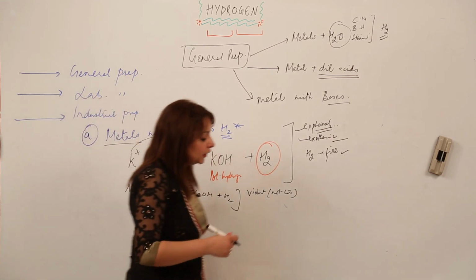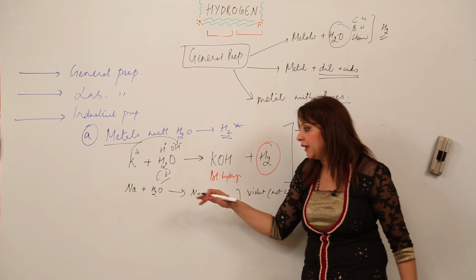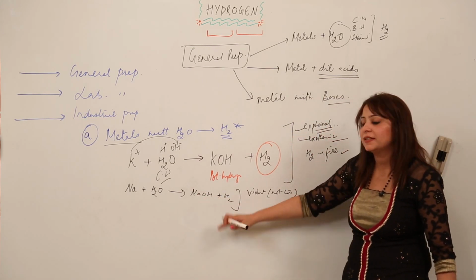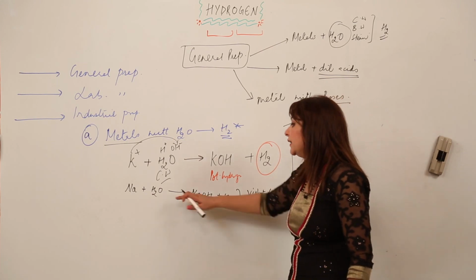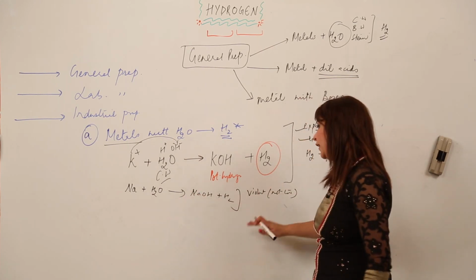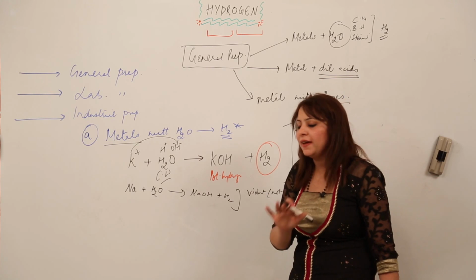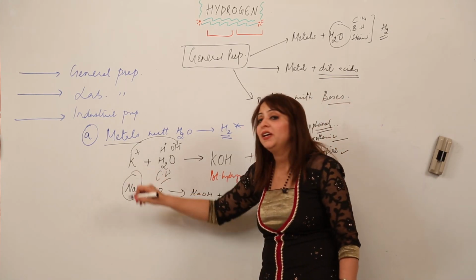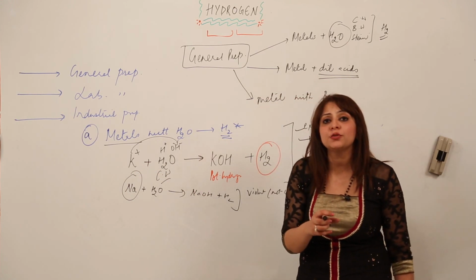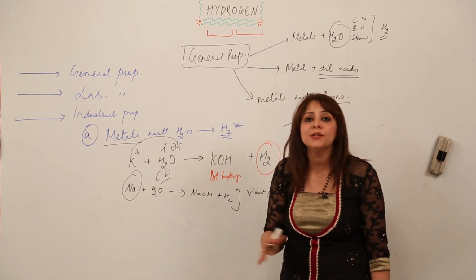But what is the limitation? One more problem is faced in this reaction. What is that? Just listen to me carefully. In this reaction, obviously the reaction is violent and explosive, and moreover, sodium melts into a globule and just darts into the water.